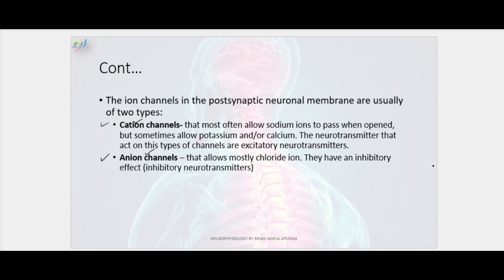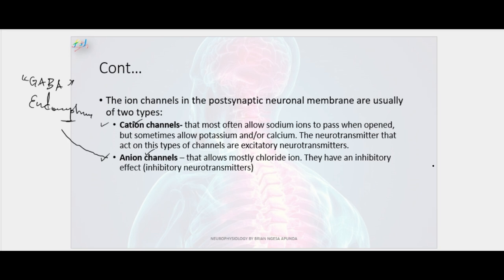For example, neurotransmitters that we proposed a while back, such as the gamma-aminobutyric acid, to an extent endorphins, might act using an ion channel, meaning that when they are interacting with their receptors, it causes these ion channels to open.